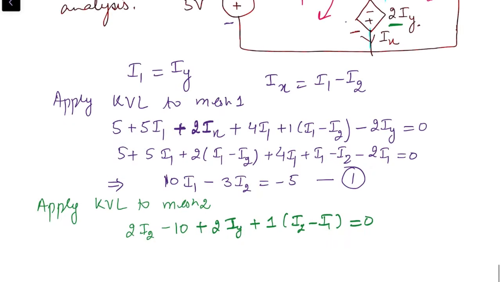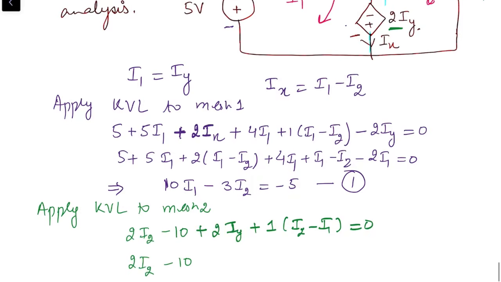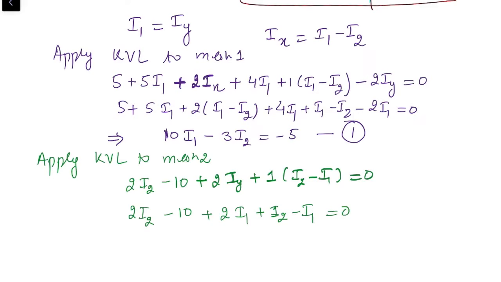Now substituting the value of Iy in this equation, 2I2 minus 10 plus 2 I1 plus I2 minus I1 equal to 0 will give us the equation as I1 plus 3I2 equal to 10.